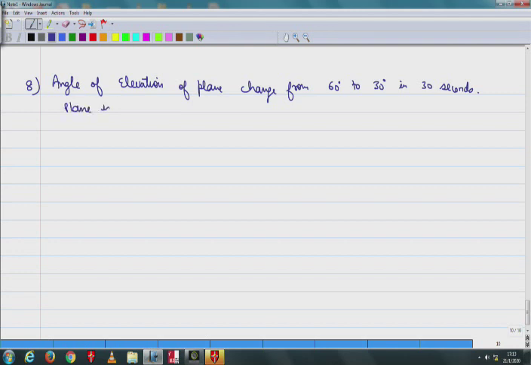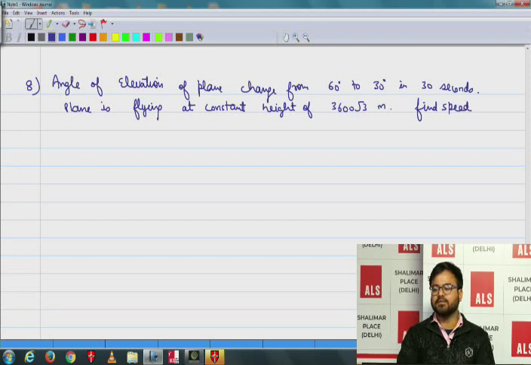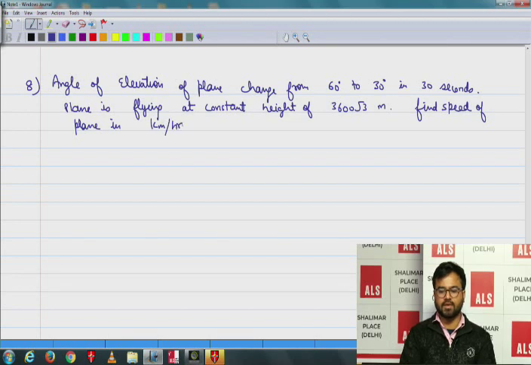The plane is flying at a constant height of 3600 root 3 meter. Find the speed of the plane in kilometer per hour.